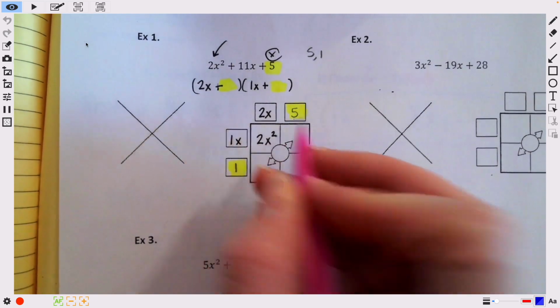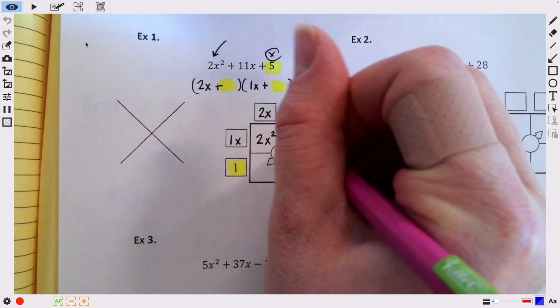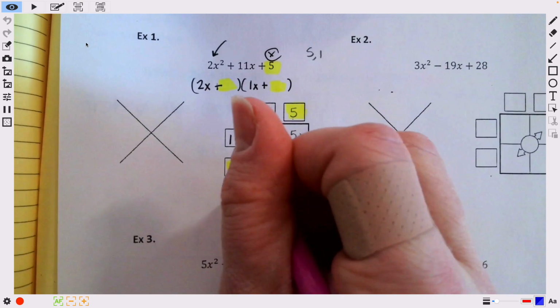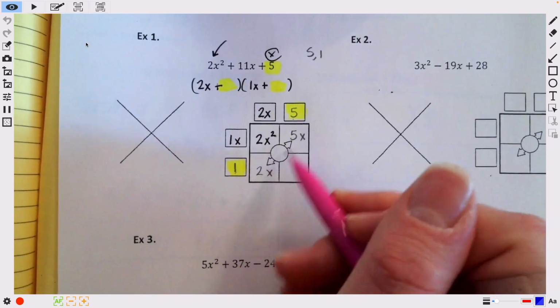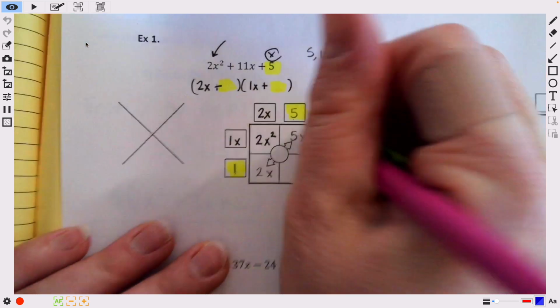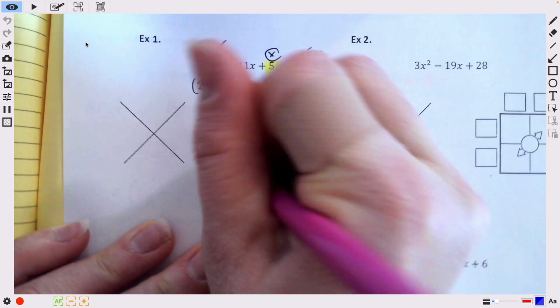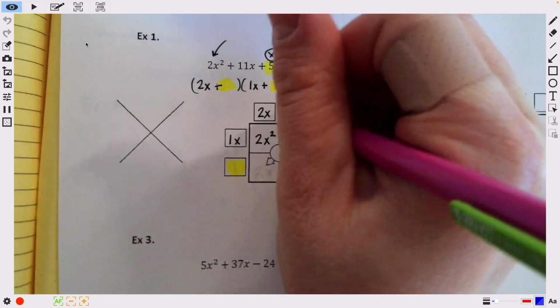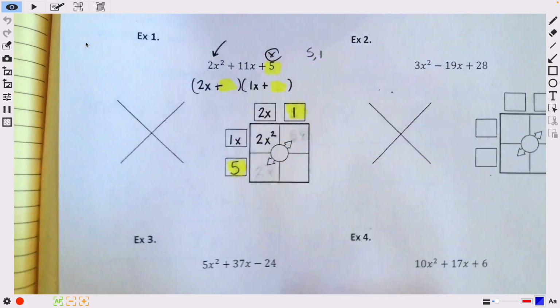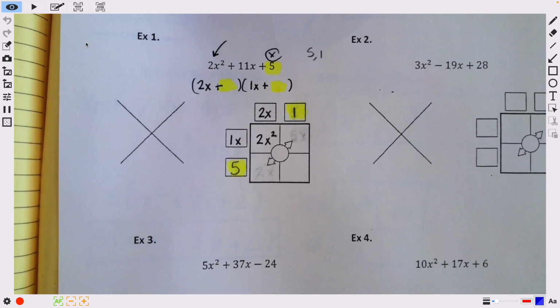What's 1x times 5? What's 2x times 1? Is that going to give me 11? No. Switch it around. Try again.